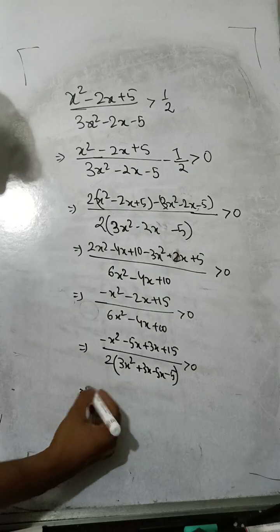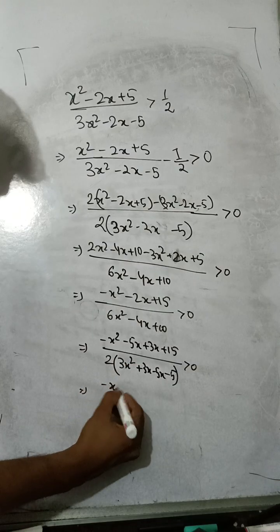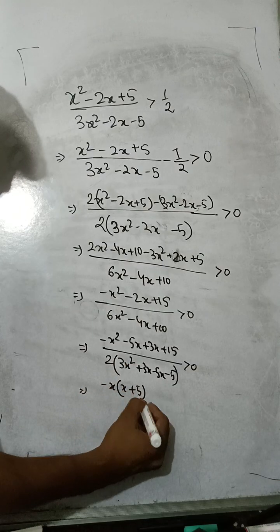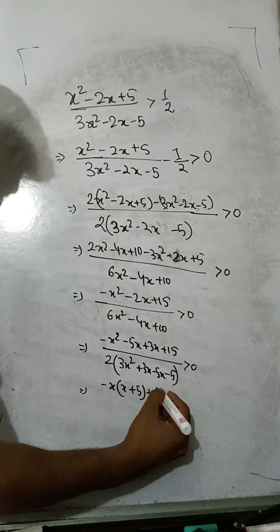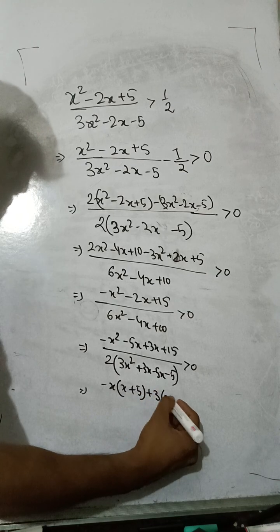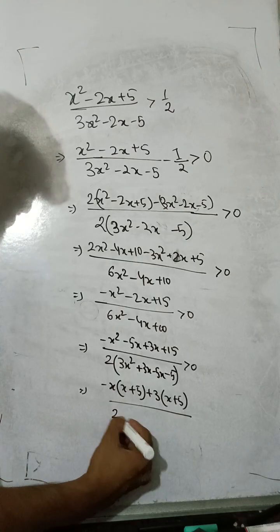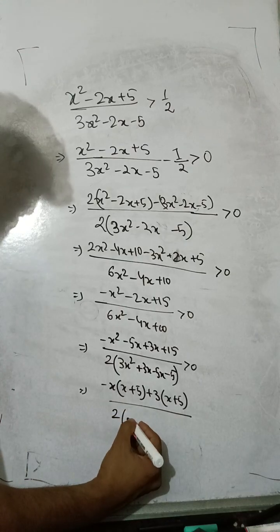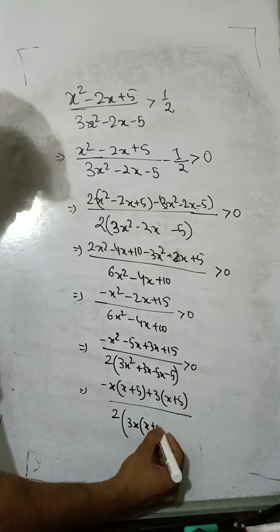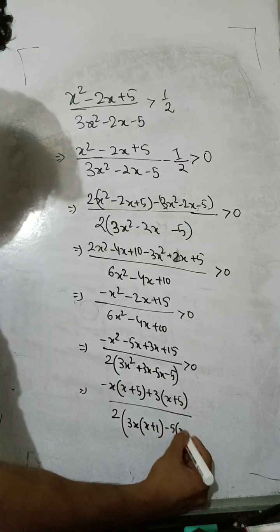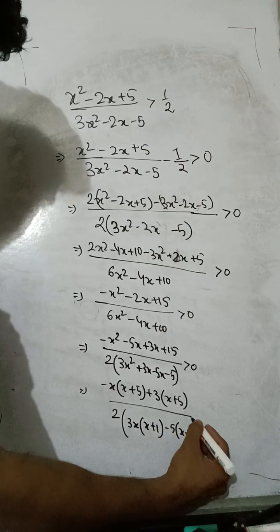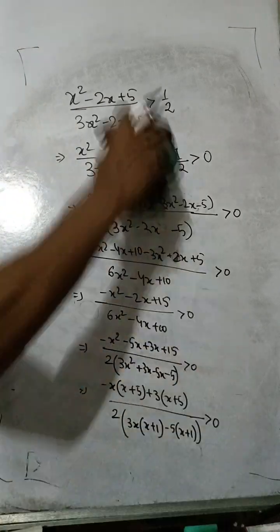Okay, and now you can take minus x in common, so x plus 5 and plus 3 in common, so again x plus 5 whole upon 2, so 3x, x plus 1 minus 5 is also x plus 1 greater than 0.